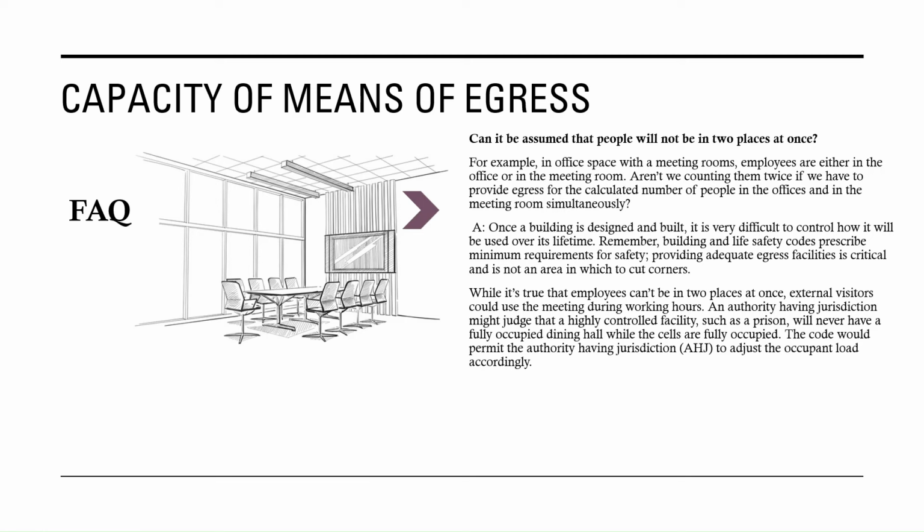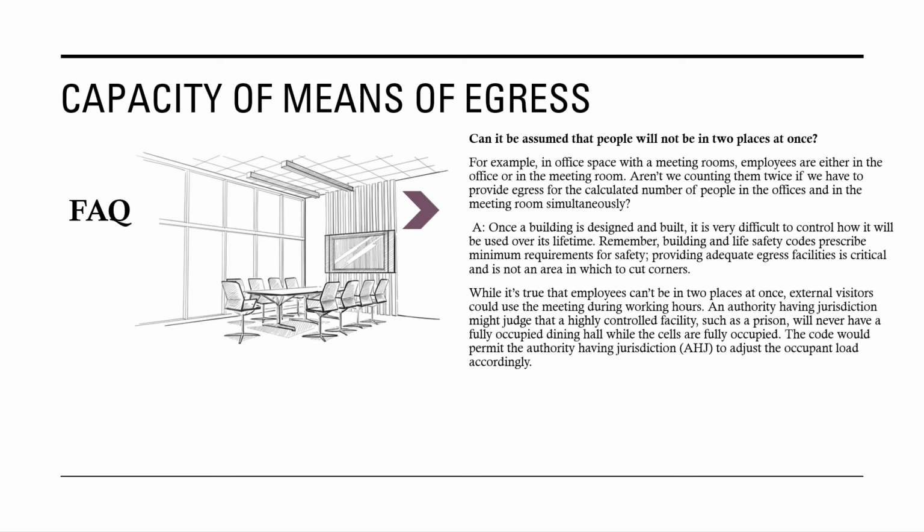Once a building is constructed, it's very difficult to control how spaces will be used over time. The meeting room could be used for visitors or as external training space during the working hours. Because of this, life safety codes require egress capacity to accommodate the calculated occupant load of all spaces simultaneously.